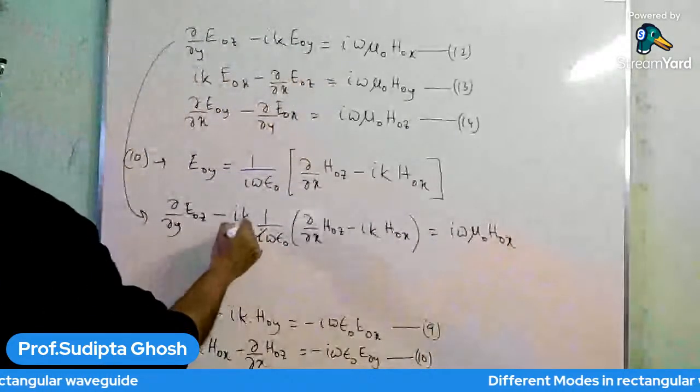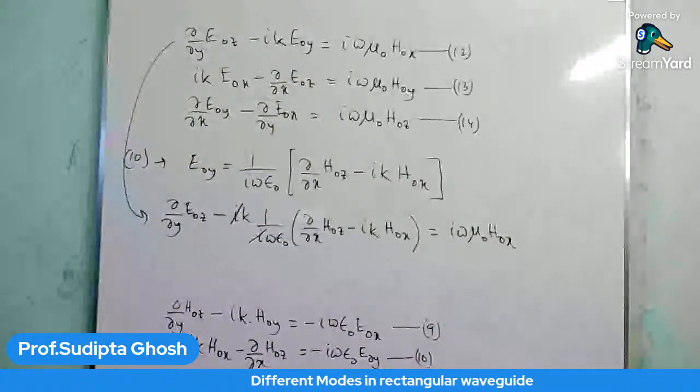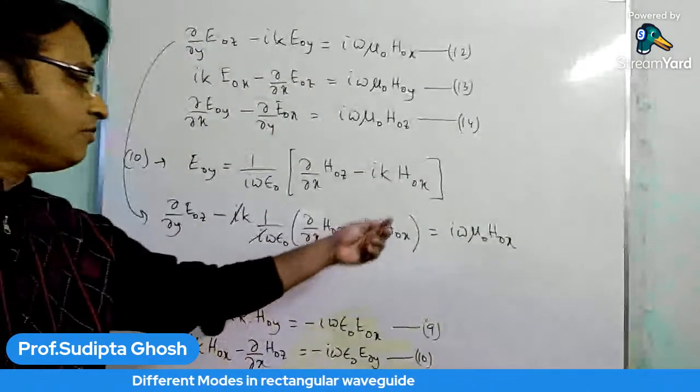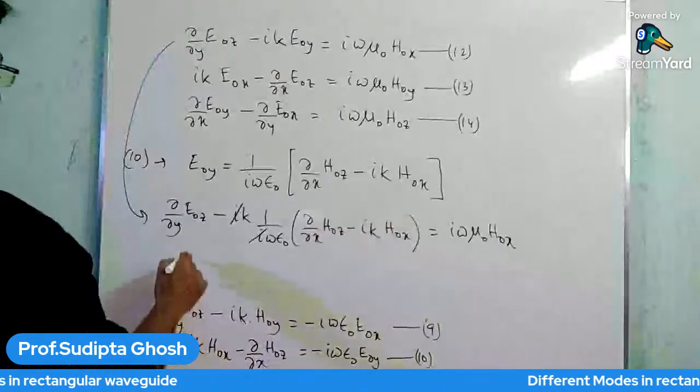So we can omit these i's, and we have to find out the value of HOX.